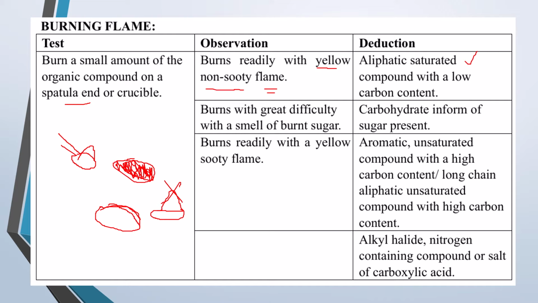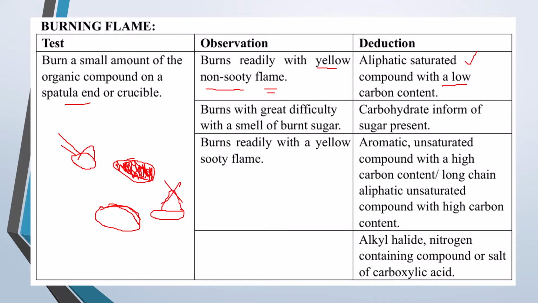So if you burn your compound and you observe a yellow non-sooty flame, that means that there is no soot on the flame which you are burning your substance with, we expect that compound to be aliphatic, because aliphatic compounds have a low carbon content. That's why the soot was not observed. So we expect that compound to be aliphatic and saturated with a low carbon content. So your observation should be: burns readily with a yellow non-sooty flame, forming an aliphatic saturated compound with a low carbon content.